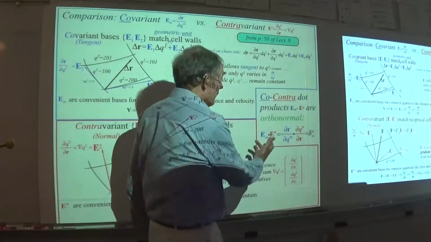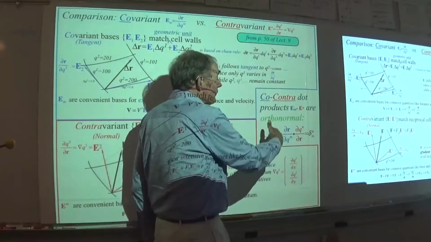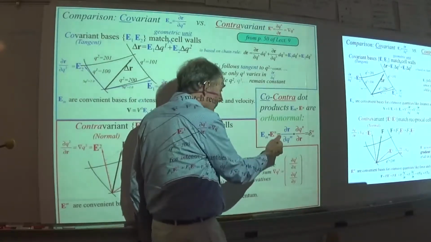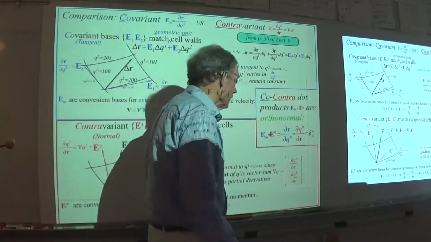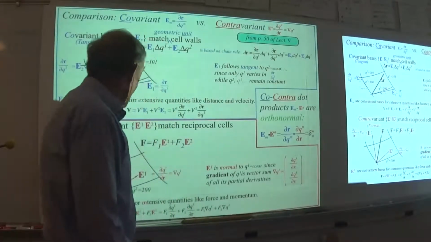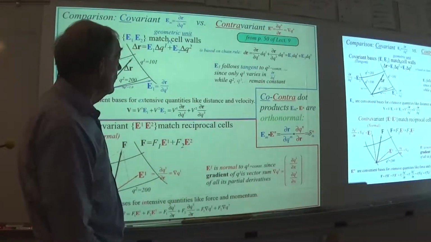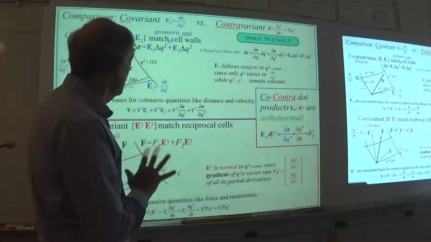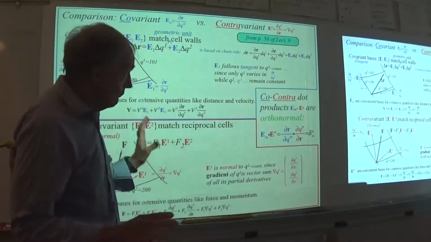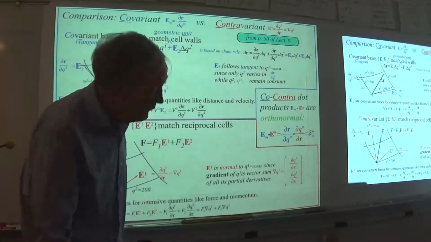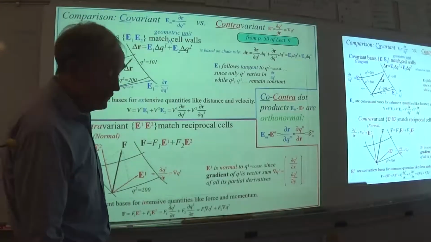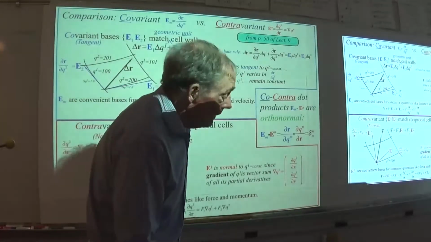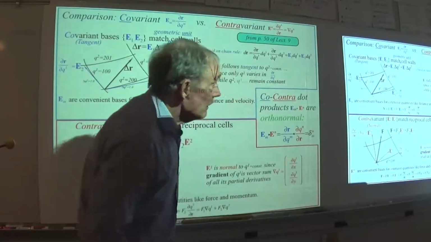So this vector here is in a sense the inverse or reciprocal of this vector and vice versa. Let's see if there's anything else I need to say about that. That will play a big role in the physics that we use as we take advantage of this GCC system. So let's get all that stuff up here.